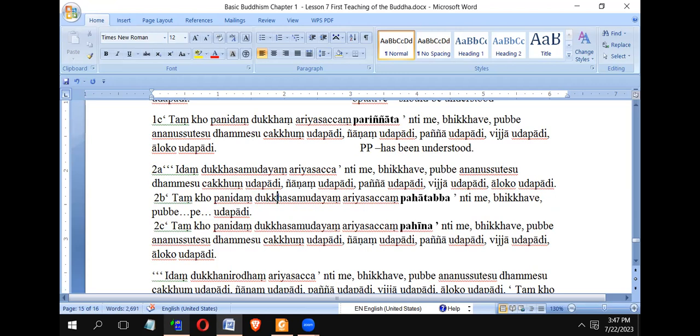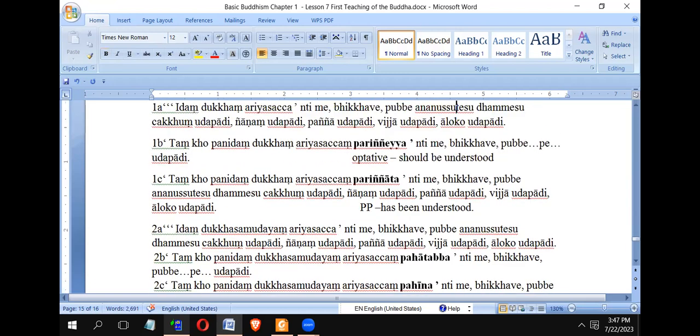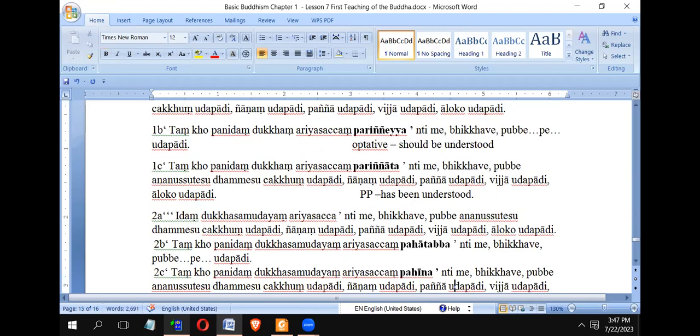Tam kho panidam dukkha ariya saccam pahatabbam, right? So we see the earlier one. Here also the same. This is not optative. So what is this one? It's not optative. Gerundive.